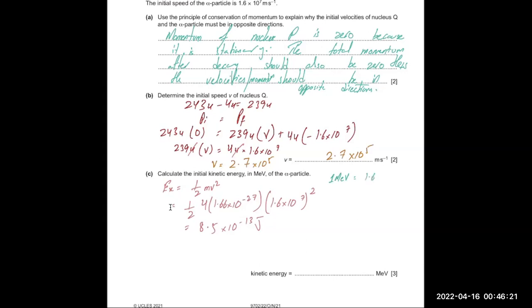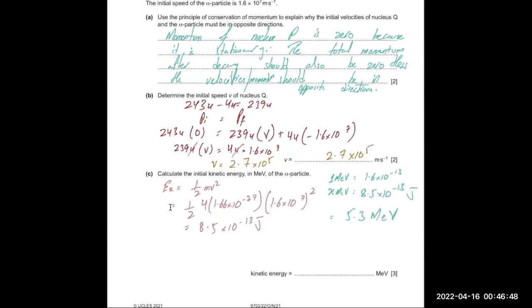So basically 1.6 into 10 raised to the power minus 13 when you multiply the two numbers, mega and charge of an electron. How many mega electron volts will be 8.5 into 10 to the power minus 13 joules? And the answer that we get is 5.3 mega electron volts.